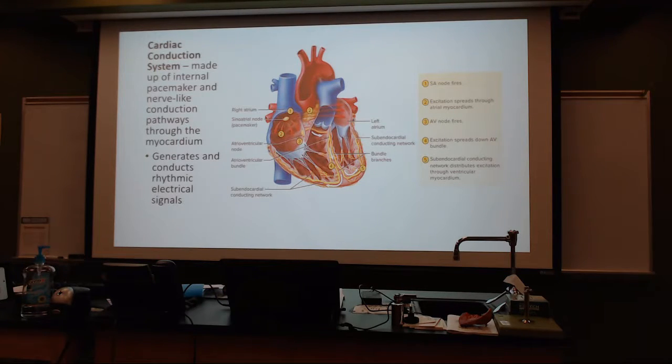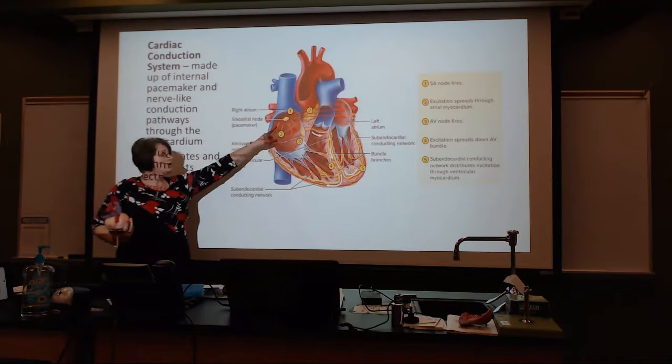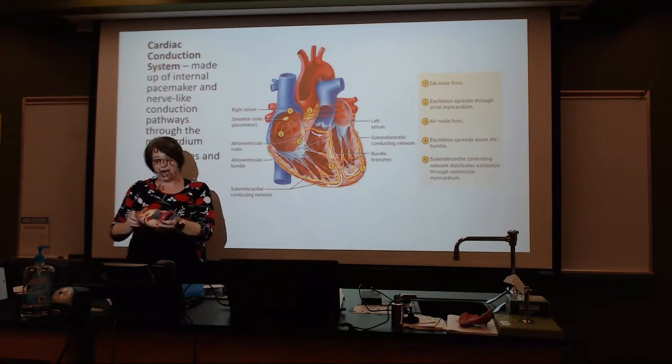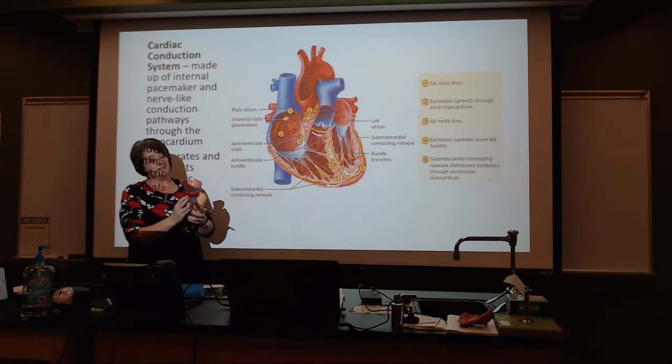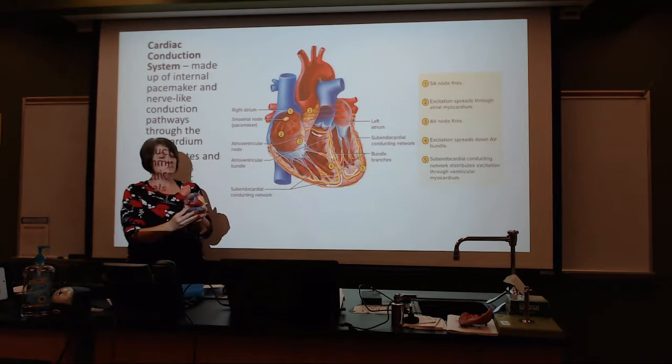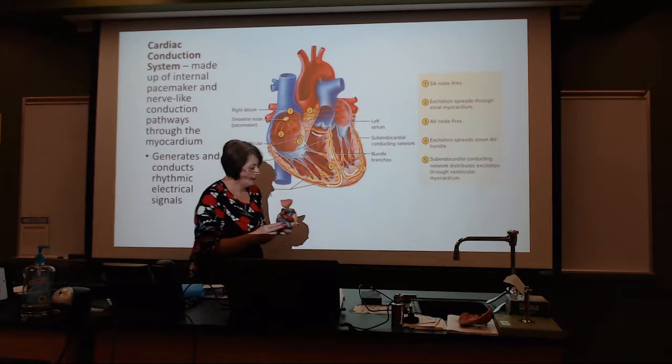So that means that this area, does everybody see it up here in this slide? They're trying to show us how we're going to have an area that is specialized tissue, and that's going to be our SA node.